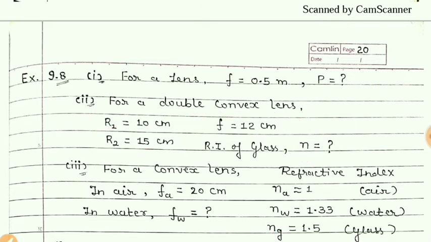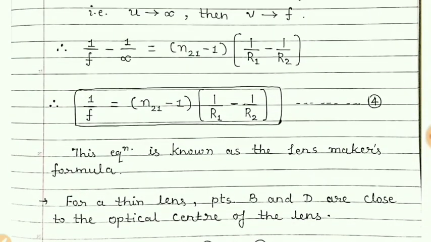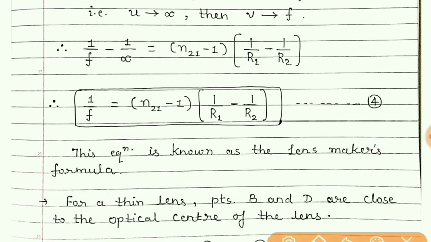Students, we have already obtained this formula, lens maker's formula. So here, when the glass is in air, in that case, simply this equation becomes 1 upon f is equal to n minus 1.